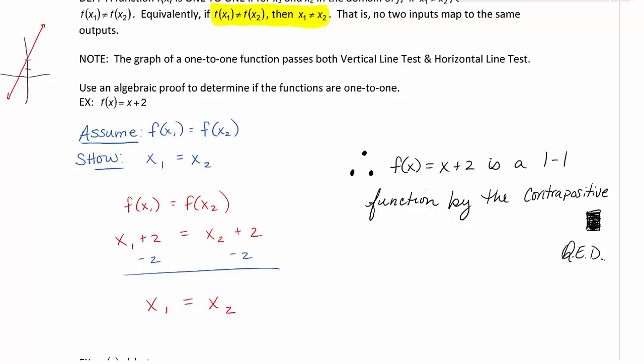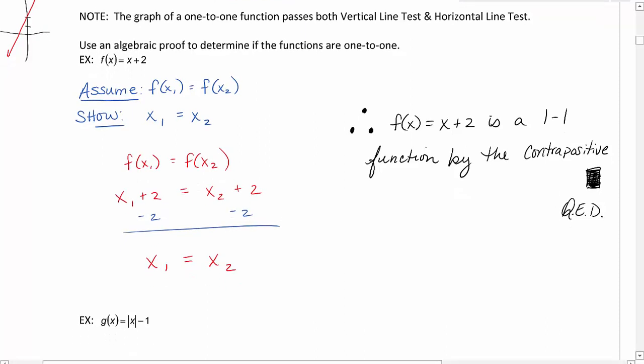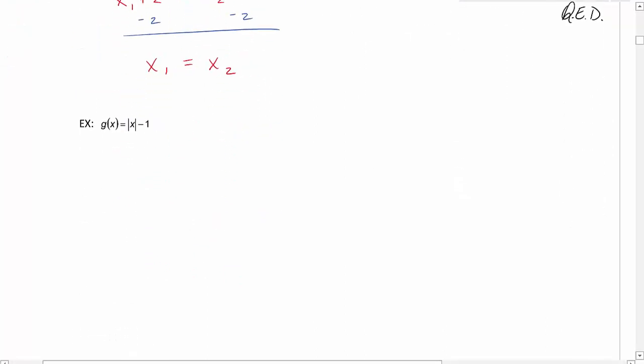All right, let's try another one. This time we want to determine whether or not g of x equals the absolute value of x minus 1 is one-to-one. And we'll use this contrapositive technique again.